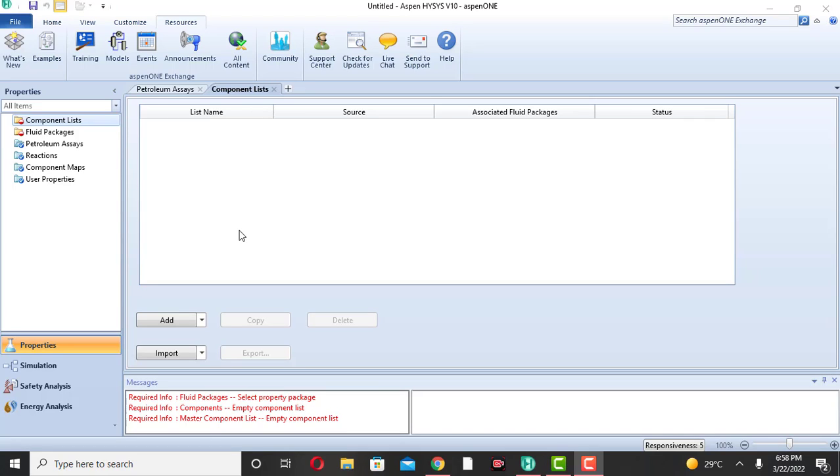Hello everyone. In this lecture we are going to discuss the multipass heat exchangers. We are going to discuss a 2 shell pass and 4 tube pass heat exchanger, and this exchanger is used to heat glycerin from low temperature to high temperature by hot water.